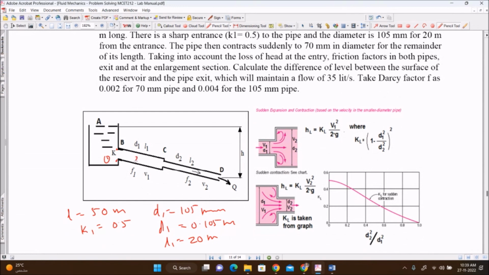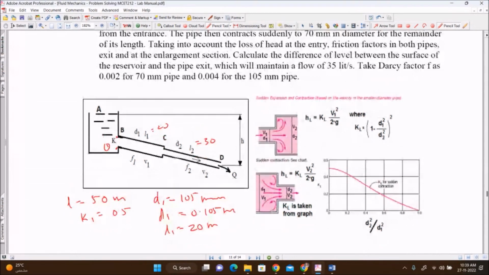The diameter D1 is 105 and L1 is 20. So remaining will be L2 is 30, as 50 minus 20.